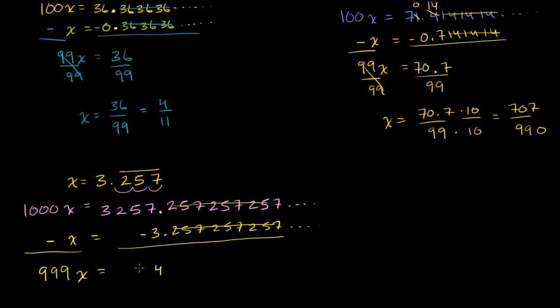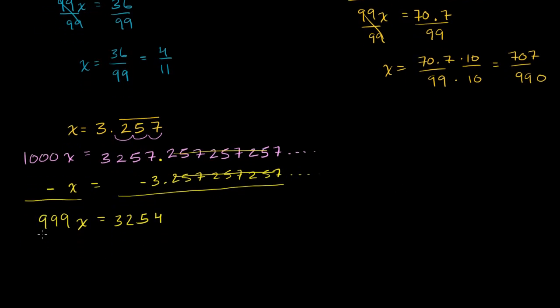And then you have the 5, the 2, and the 3. So you get 999x is equal to 3,254. And then you can divide both sides by 999. And you are left with x is equal to 3,254 over 999.